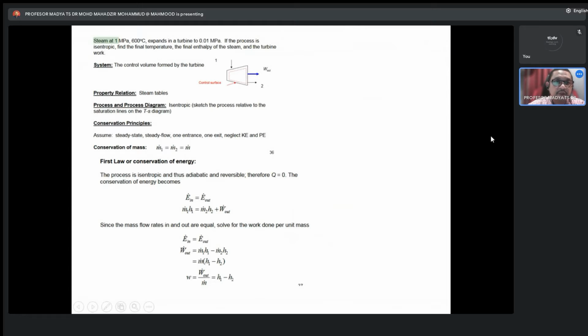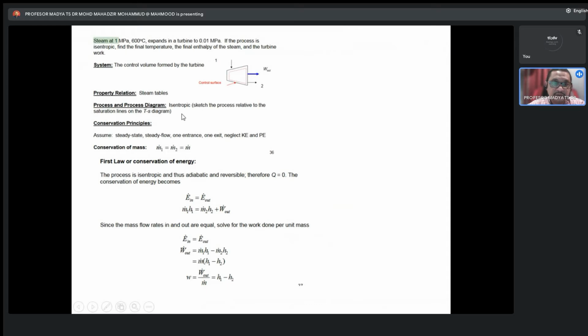From there, you know it uses a turbine. A turbine is an open system because it has an inlet and outlet. So for property relationships, you must use steam tables because it is steam.